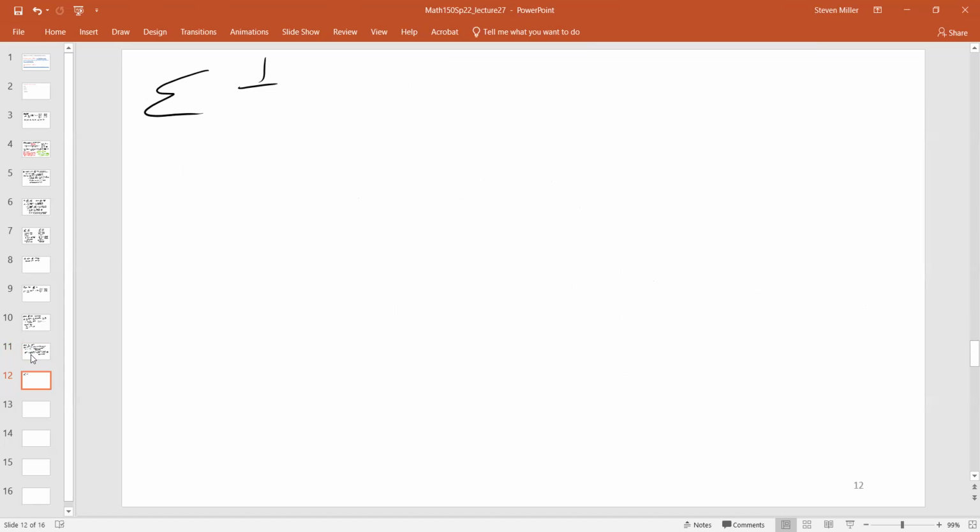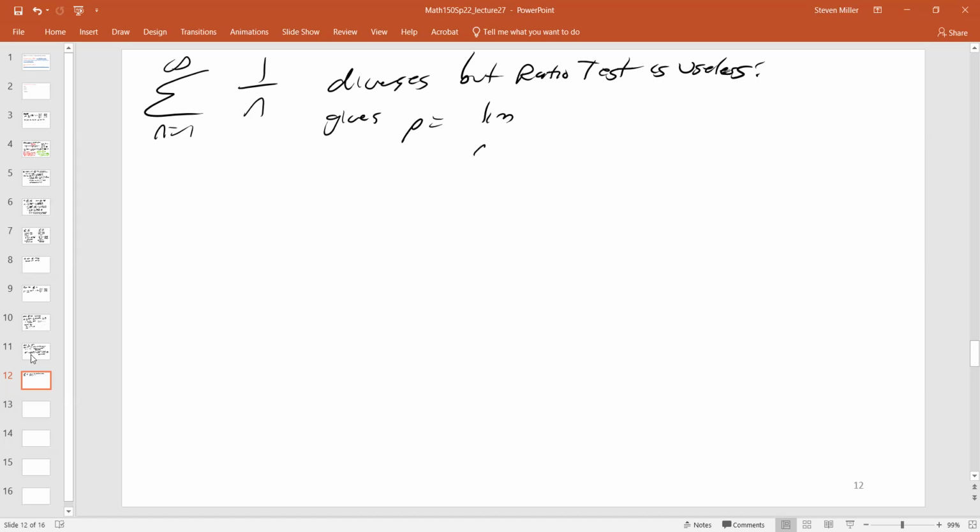Yeah, 1 over n diverges, but the ratio test is useless. Rho is the limit as n goes to infinity of 1 over n plus 1 over 1 over n, which is the limit as n goes to infinity of n plus 1 over n, which is just 1.